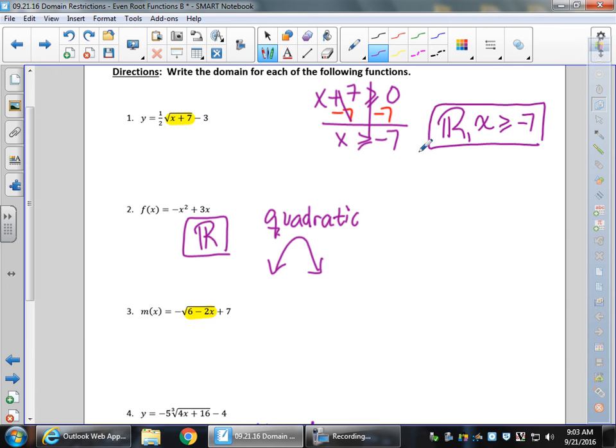So let's look at this real quick, because I don't have a graph anymore, right? So check this out. Royan, to answer your question, watch what happens. If I plug in x equal to negative 7, what's negative 7 plus 7? 0. Can I take the square root of 0? Yes, I can.